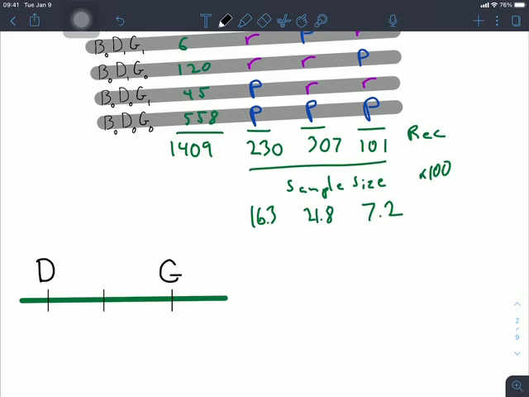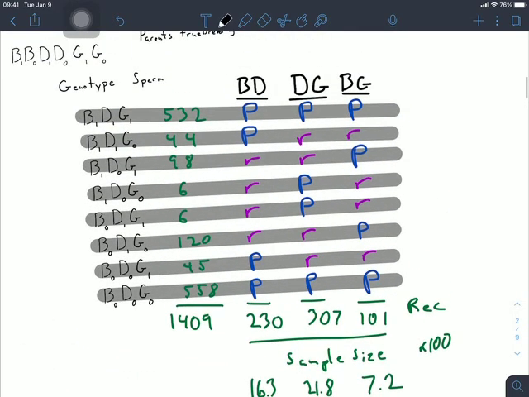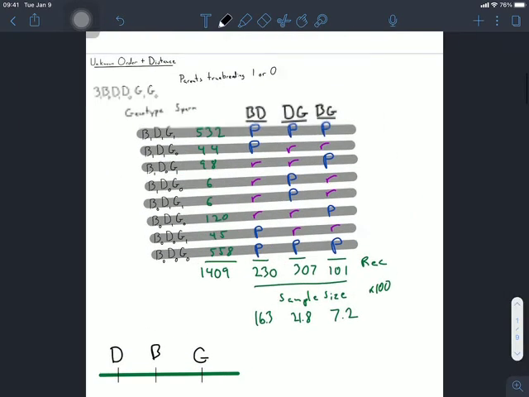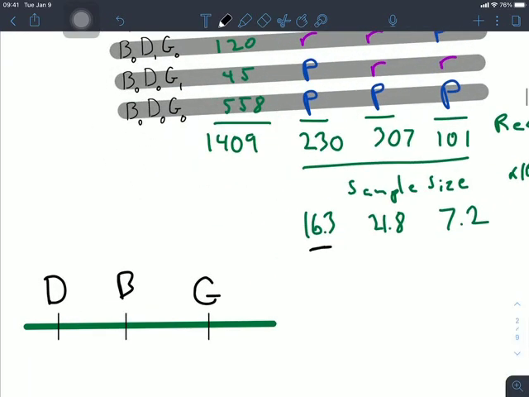It does not really matter which one goes left to right here unless you're actually scaling this portion of it, which I typically don't. That's a little bit more excess detail than perhaps is necessary. But D and G are furthest apart with B in the middle. The distance between B and D, 16.3 map units.